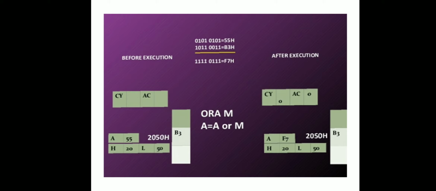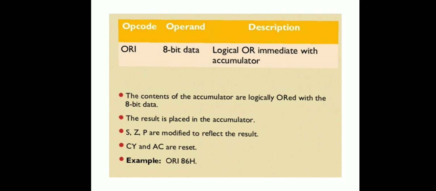Here, after execution of this instruction, the content of the accumulator is modified according to the result, and the carry flag and auxiliary carry are reset. Now, logically OR immediate with the accumulator.